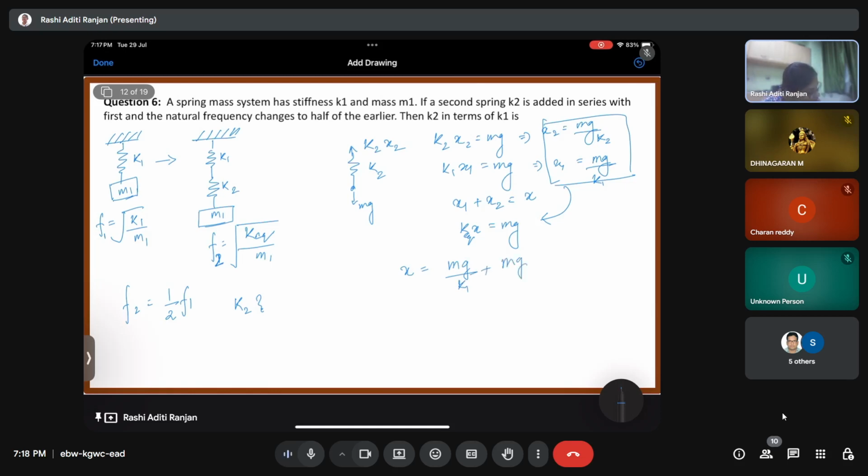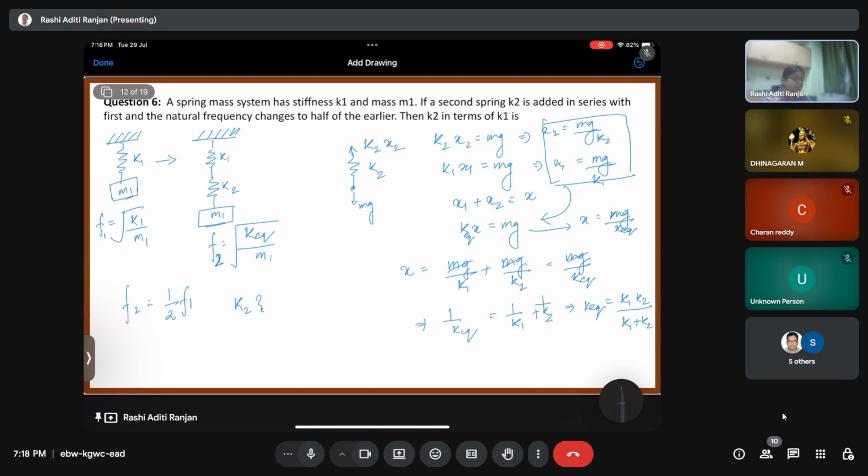And from here I'm going to get x is equal to mg by k_eq. Mg will get cancelled, so we get 1 by k_eq is equal to 1 by k1 plus 1 by k2. If we solve this, we get k_eq is equal to k1 k2 by k1 plus k2.